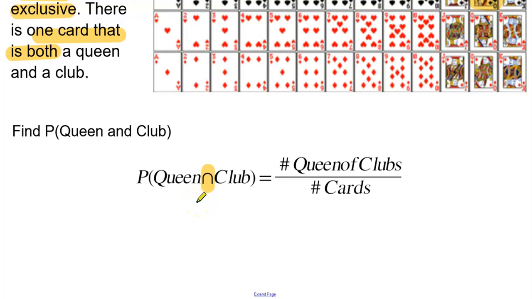I get a little lazy and I like my symbols. Probability of queen and club is the number of queen of clubs over the number of cards. So there is one queen of clubs. There are 52 cards. So the probability I get the queen of clubs randomly is 1 out of 52.